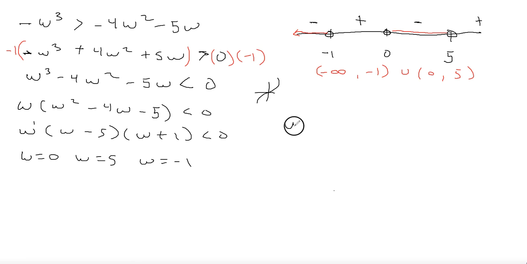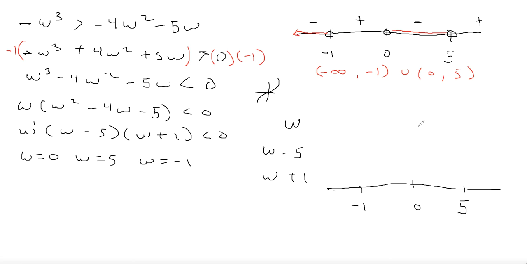So for a sign chart, we would have w, w minus 5, and w plus 1. Same exact number line as I have up here. And again, I'm going to make this one easy to read so I have space in between them to work and not worry about the scale.